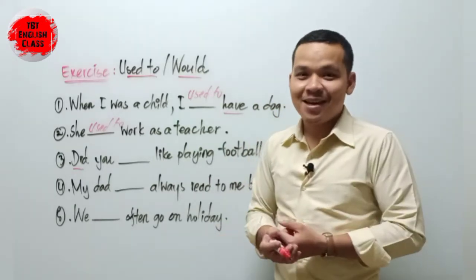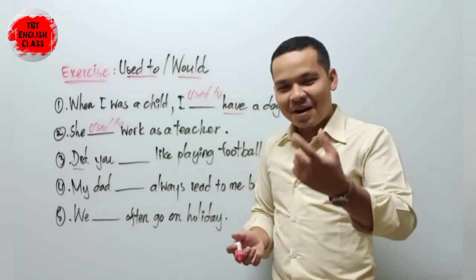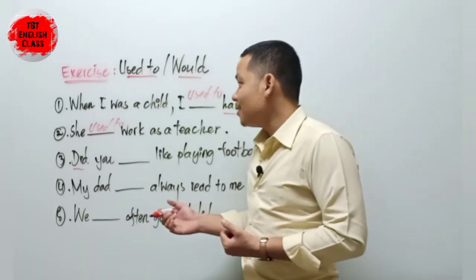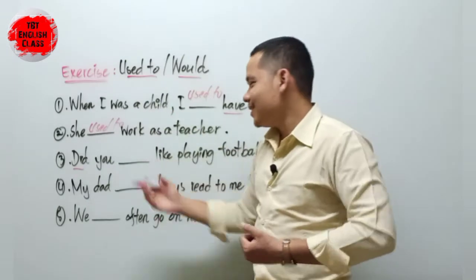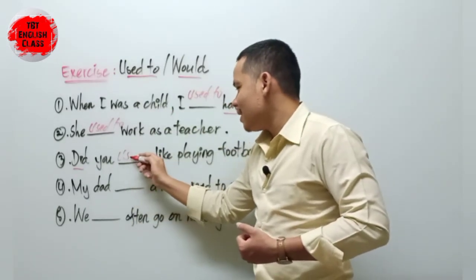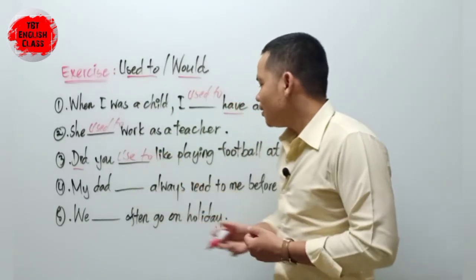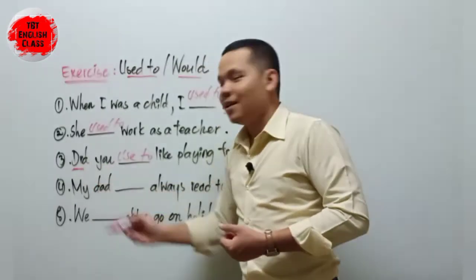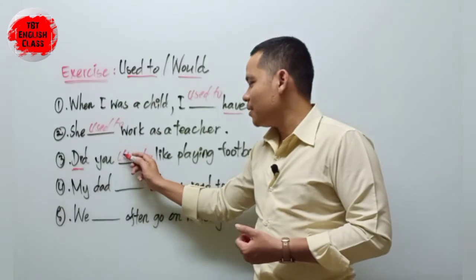So it must be used to. But the way that we write used to, how do you write used to here? We write like this. Did you use to like playing football at school? Because we use the auxiliary verb did already, so for the verb, we just keep the base form.